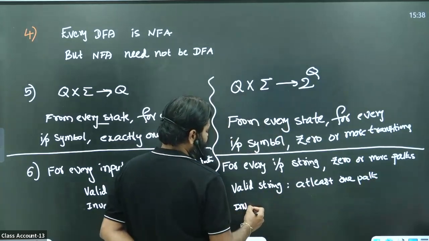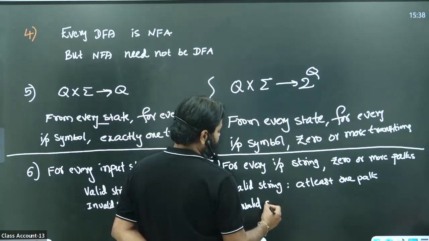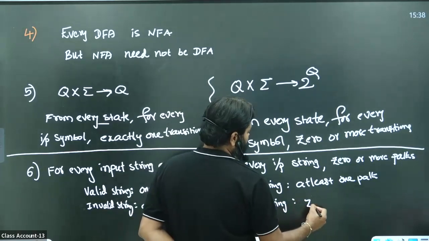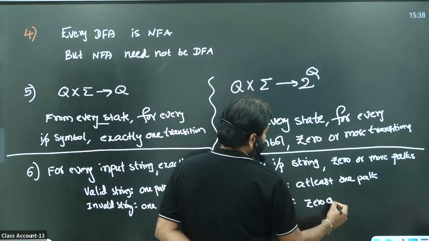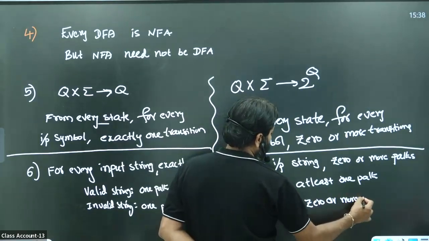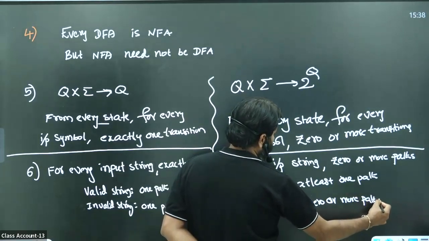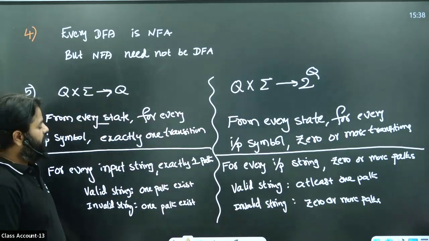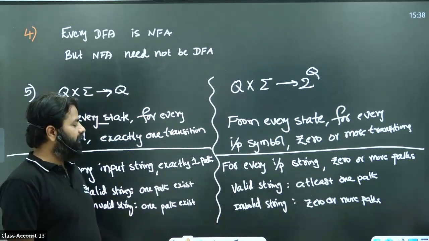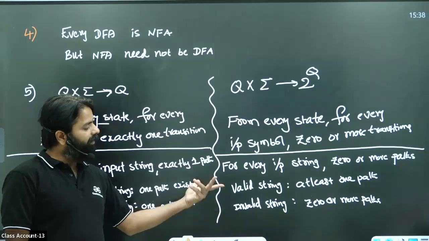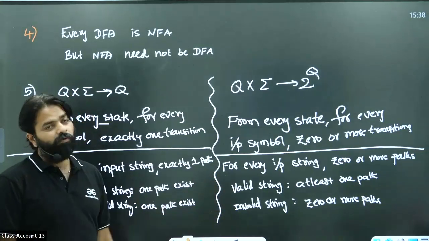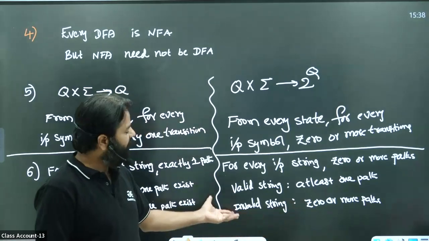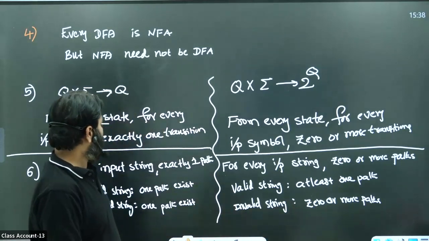Invalid string: zero or more paths, but every path will halt at non-final. Here any kind of string, one path exists. Here valid string, at least one path. Invalid string, either a path will exist or no path will exist. If you have a path, more paths may exist, but all of them should halt at non-final for an invalid string.